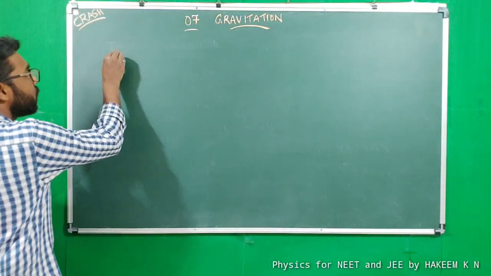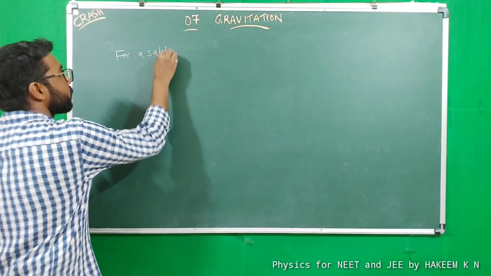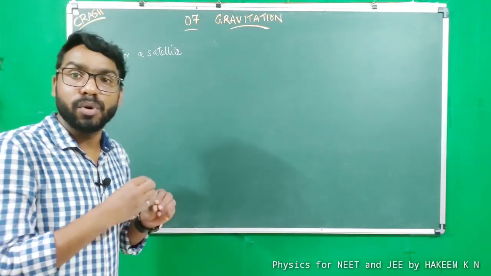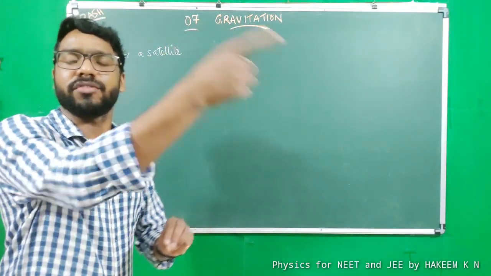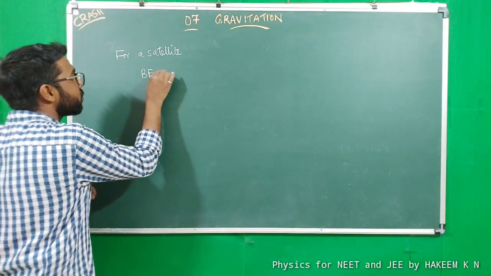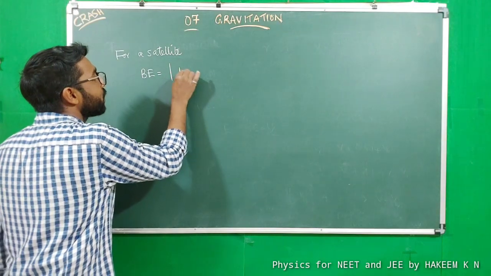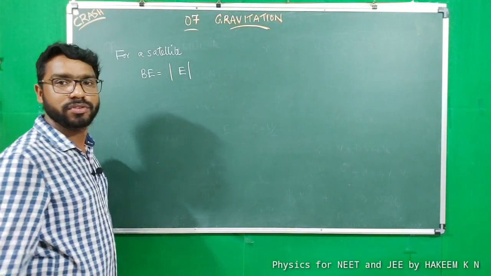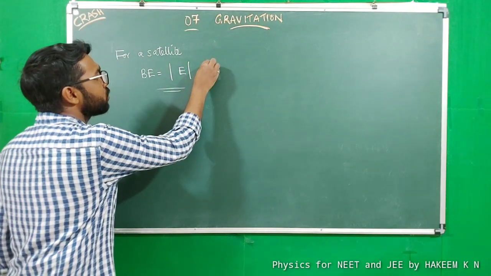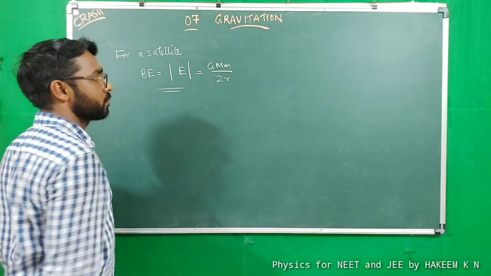Listen, for a satellite, it possesses both kinetic energy and potential energy. So for a satellite, its binding energy is magnitude of total energy, and it is equal to, we already discussed, GMm by 2r.